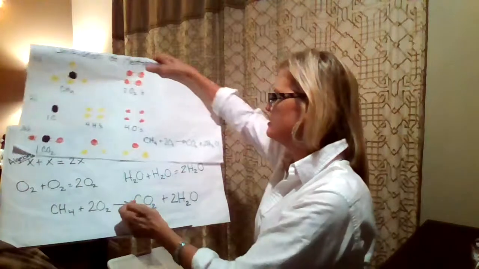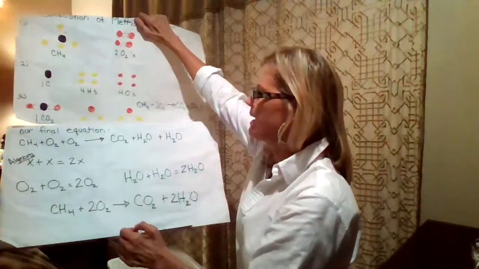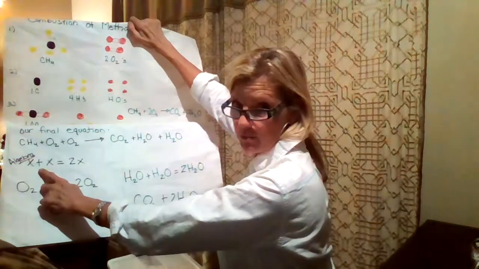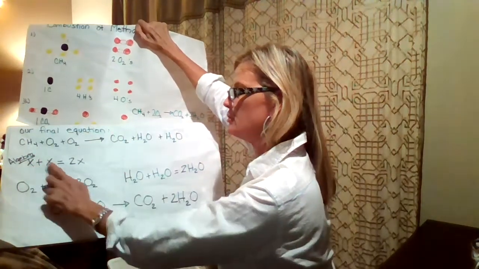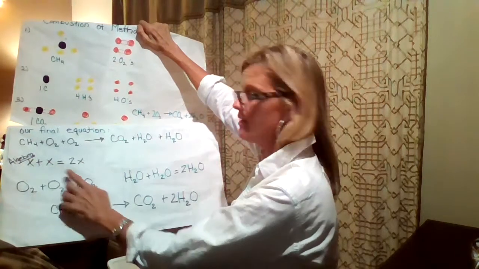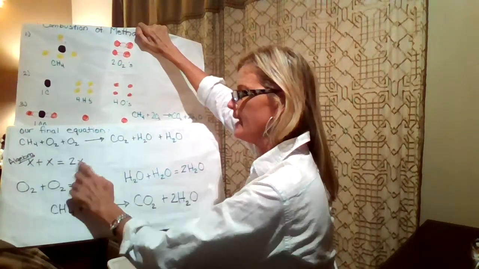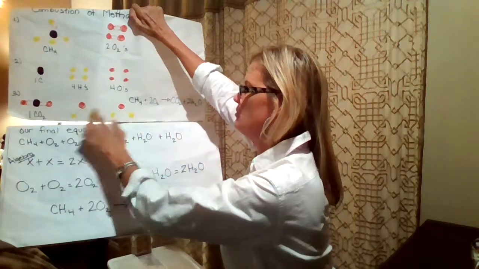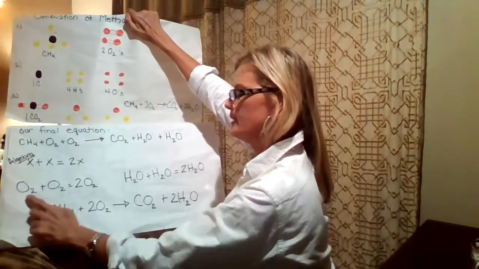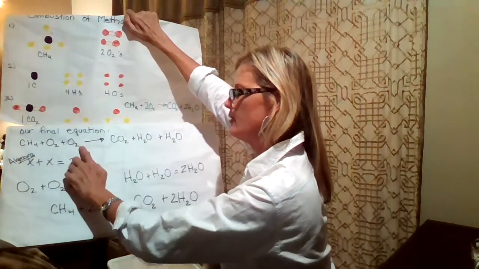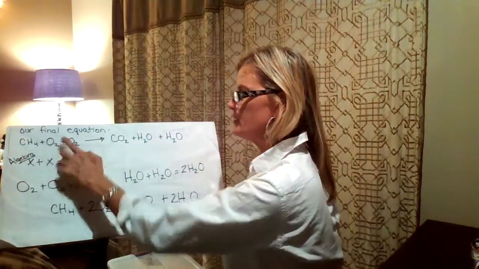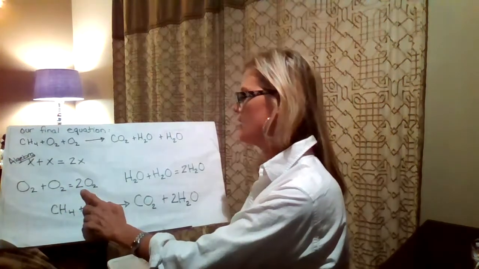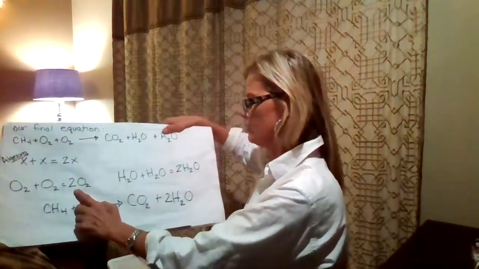We're going to continue using our example right here because I think it's important that you remember from algebra that when we have two like terms, we just simply add them, and we get 2x. X plus x is 2x. Just like in our final equation, we had 2 oxygens. We took 1 oxygen plus the next oxygen molecule, and we got our 2 oxygen molecules.